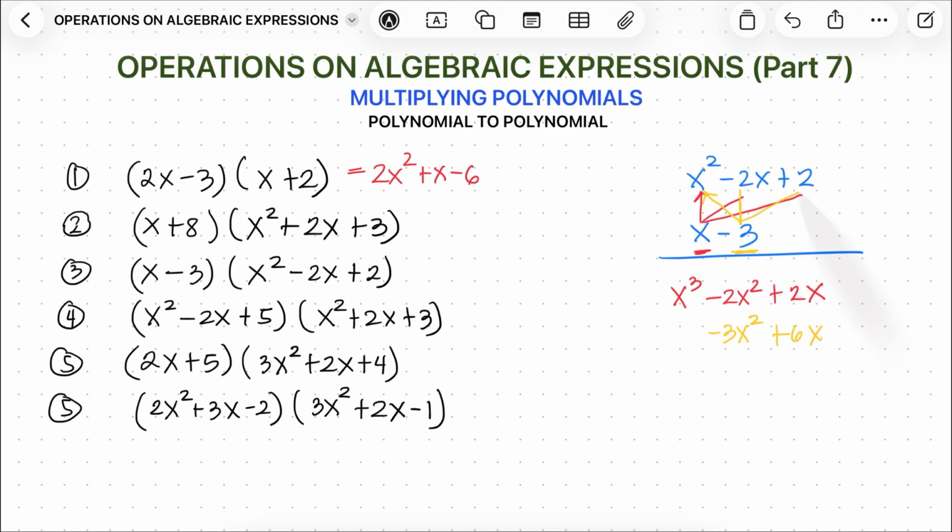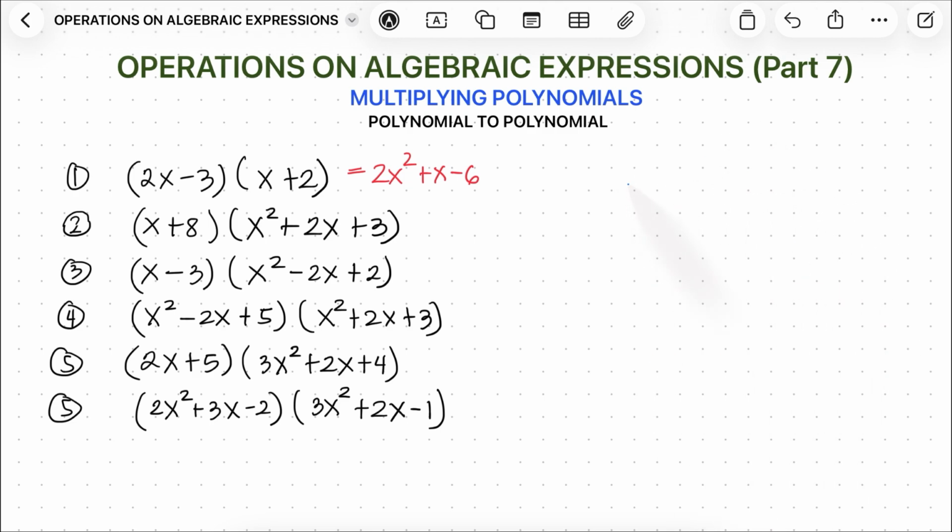And then lastly, we have negative 3 times 2, that will be negative 6. All right, so combining like terms, we have x cubed minus 5x squared plus 8x minus 6.